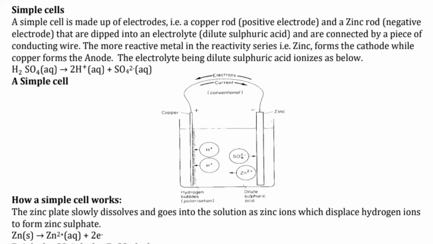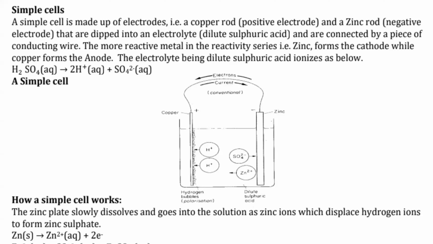For example, they are telling us if you have a copper rod and a zinc rod, why copper, why zinc? They told us something below here, but they're telling us if I have a copper rod and a zinc rod, and then I dip them into an electrolyte such as dilute sulfuric acid.